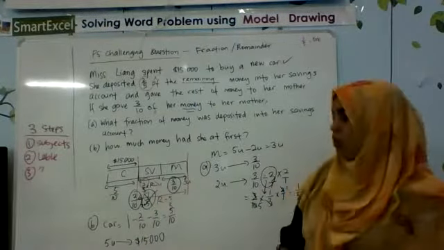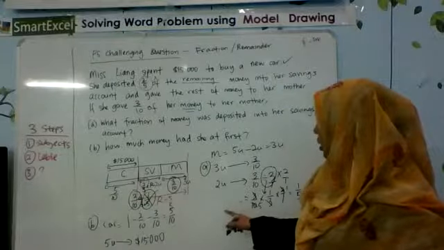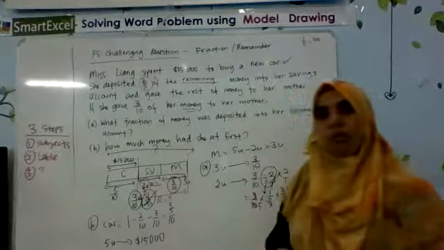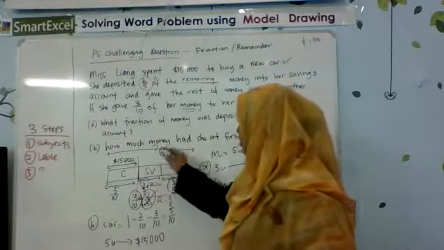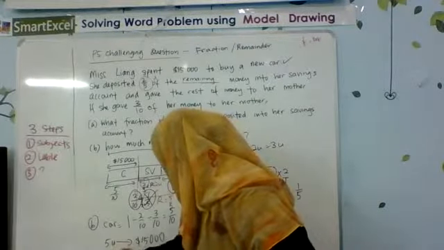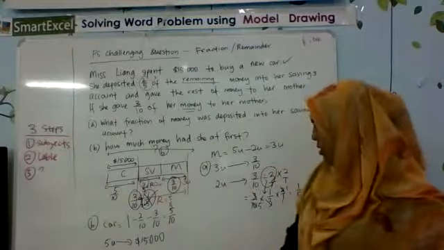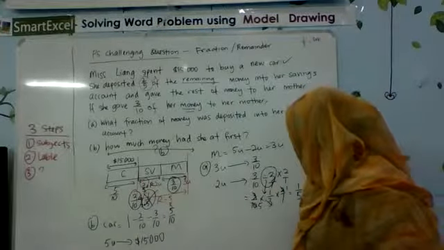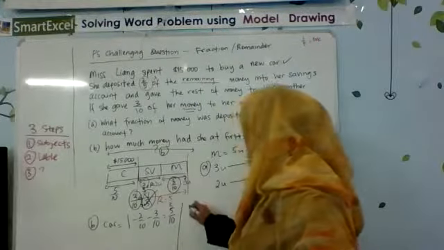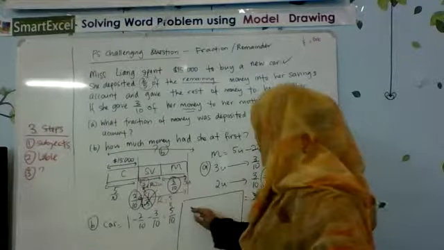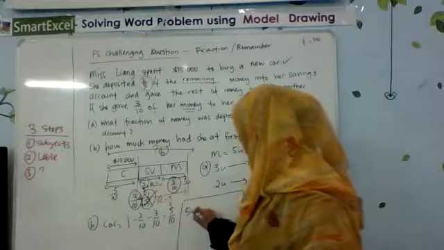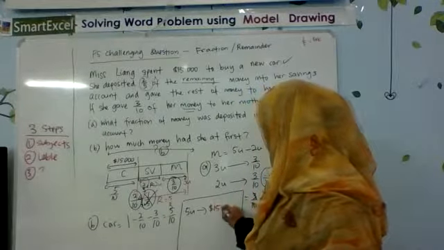Now we need to find the whole amount, which is here to here. That's your question mark for B. We need to find 10 units because the total is 10 units. Just now 5 units is 15,000.